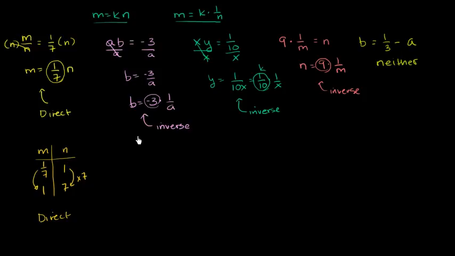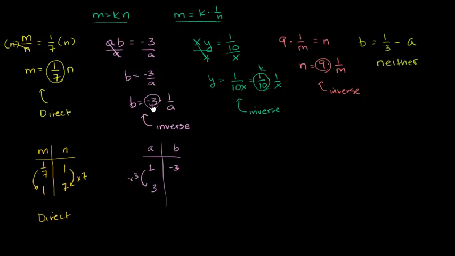Let's take the inverse, or when two variables vary inversely. This situation right over here. Let's take a and b. When a is equal to 1, b is equal to -3. We could even go to the original one. When a is equal to 1, we have 1b is equal to -3, b is equal to -3. Now if I were to triple a, so multiply it by 3, now a is 3.